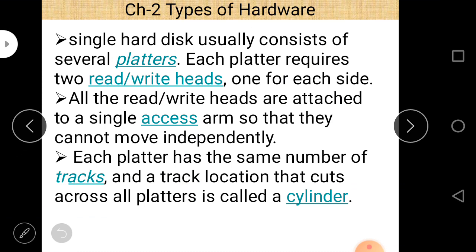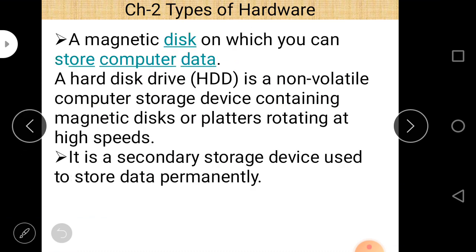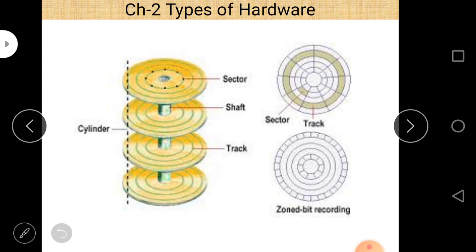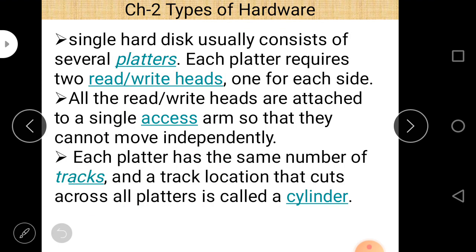Each platter requires two read-write heads, one for each side. Here there are two read-write heads, first one and second one.